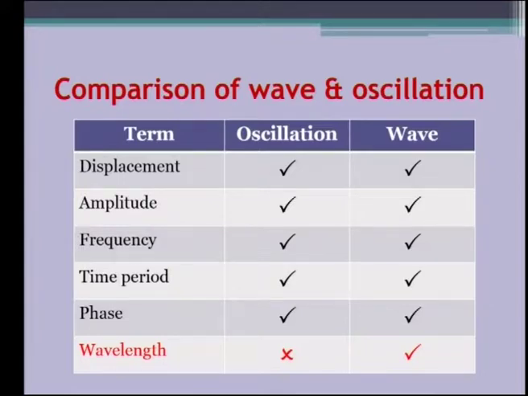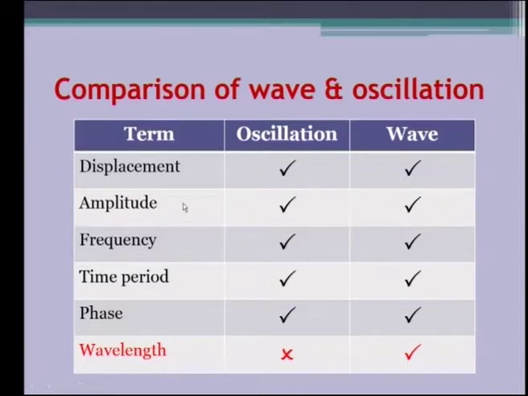I would like to go by each term. In the case of oscillation, there is displacement from the mean position, a particle could go up and down or sidewise from the mean position. So, in the wave also the particle will be moving either up and down or sidewise in the direction of propagation or perpendicular to the direction of propagation. So, there is displacement in both oscillation and wave.